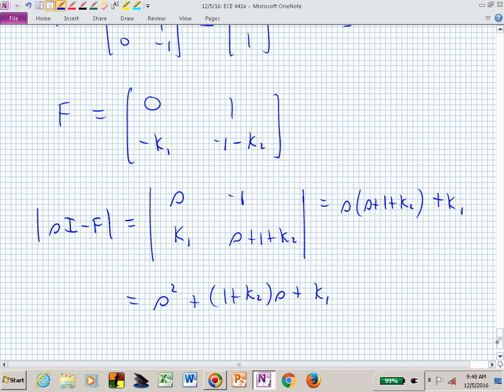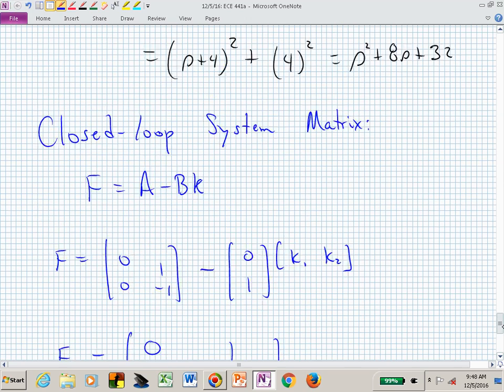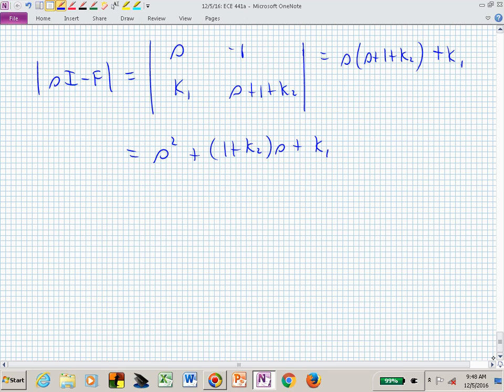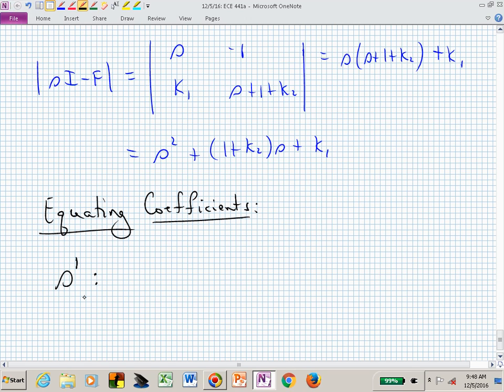And how do we find K1 and K sub 2? This polynomial we want to equal our desired polynomial. So we want the linear coefficient to be 8 by the choice of K sub 2 and K sub 1. In this case, it's just K sub 2. And we want the constant coefficient to be 32. If we equate our coefficients, then the s coefficient says we have 1 plus K sub 2.